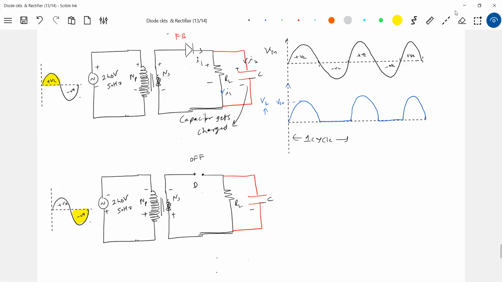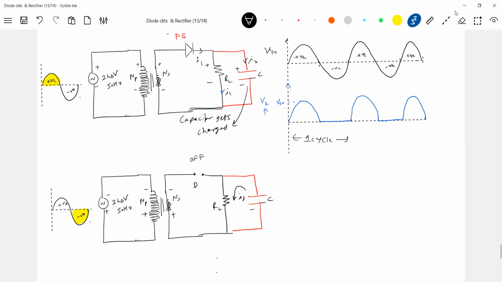This capacitor will behave like a source. So now it starts discharging. In what direction will it push the current? It will push the current in this direction. This is a discharging current.